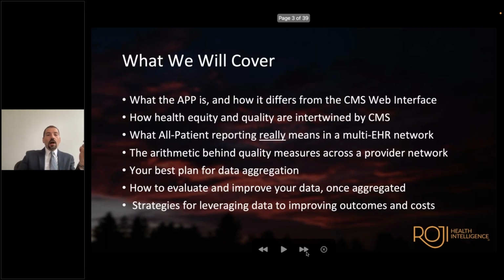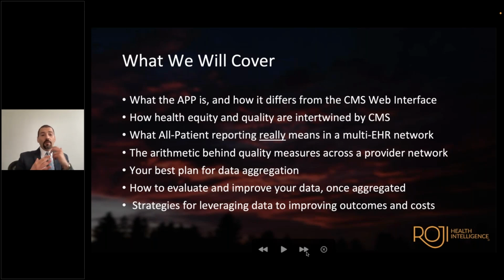All right, we're going to cover what the APP is and how it differs from the CMS web interface. We're going to talk about how health equity and quality are intertwined by CMS in APP reporting, what all patient reporting really means in a multi-EHR network, the arithmetic behind some of the quality measures as we're looking at a provider network with multiple practices, multiple EHRs, and how that will tie into your best plan for data aggregation.